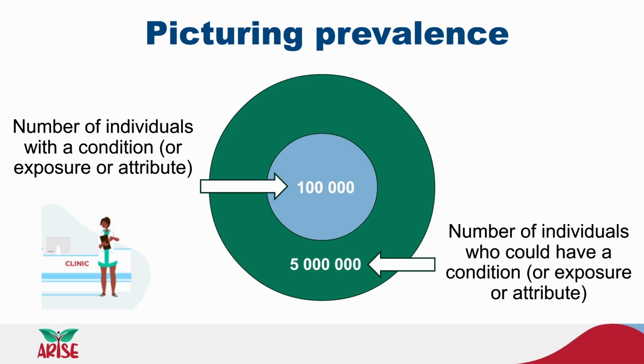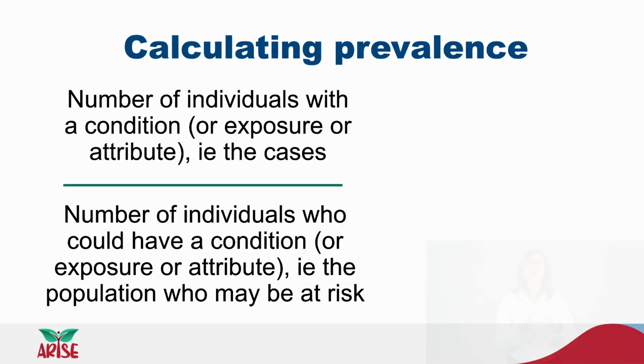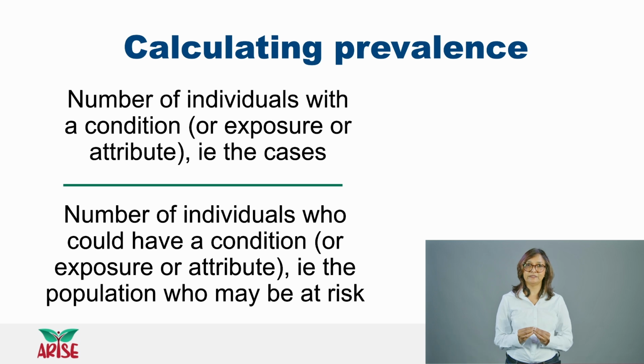Then, in our example, the blue circle represents all those adults aged 60 and over who actually have developed dementia. We express prevalence as the total number of people who have the condition, or disease, or exposure, or attribute, divided by the population at risk of having the condition.